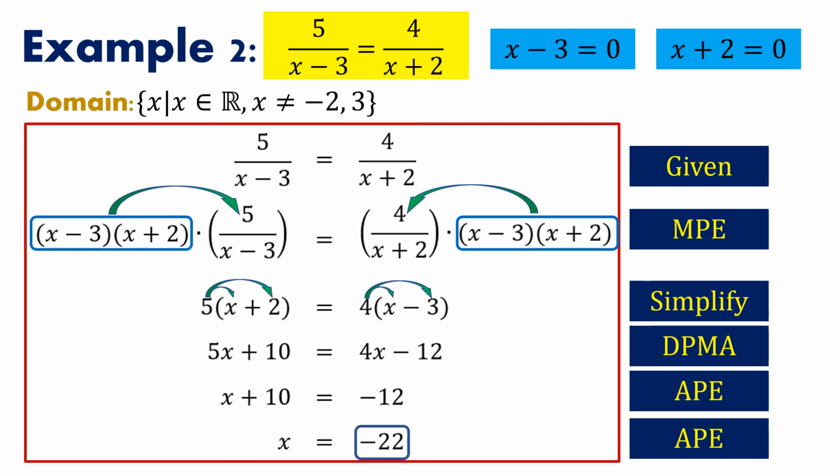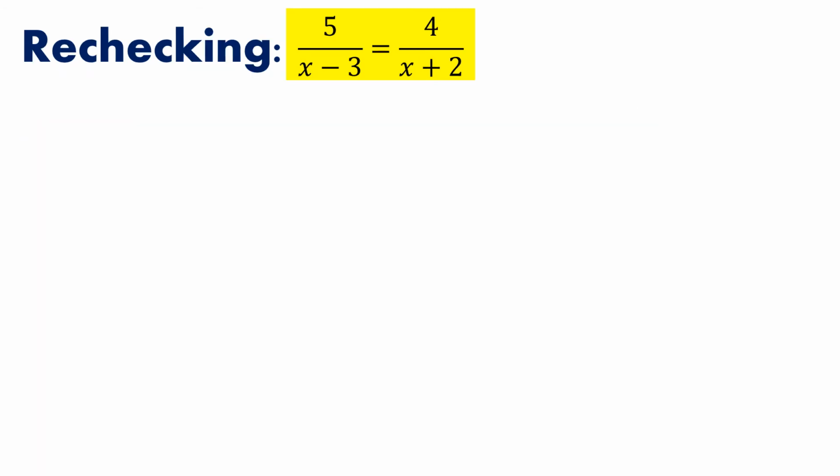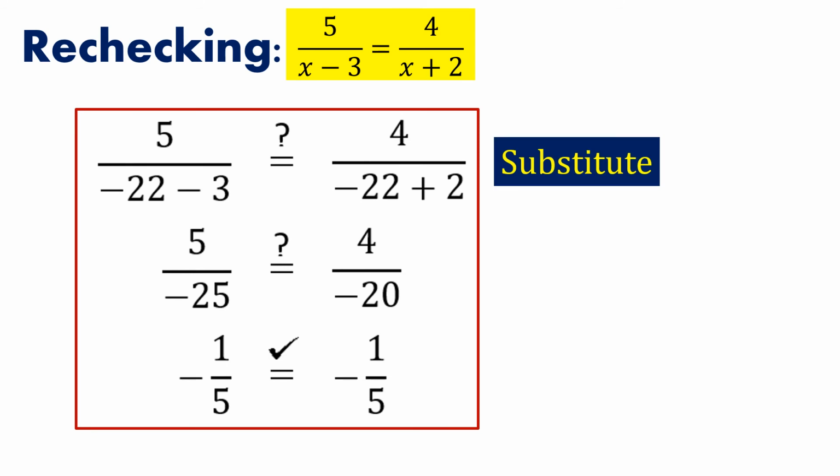Note that -22 is an element of the domain. Therefore, the solution set of the rational equation is the set containing -22. We can verify this as follows.